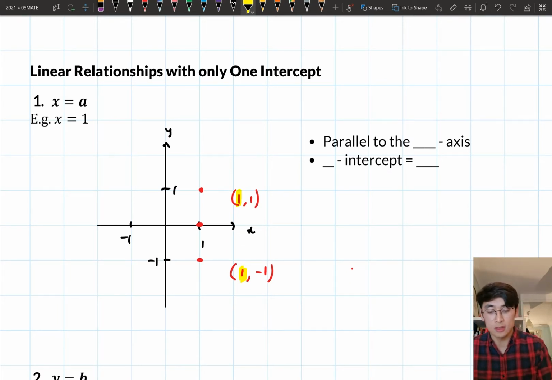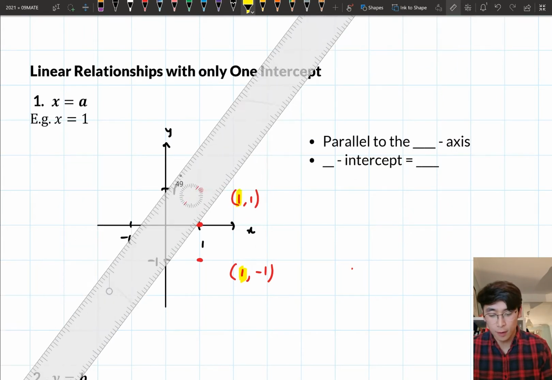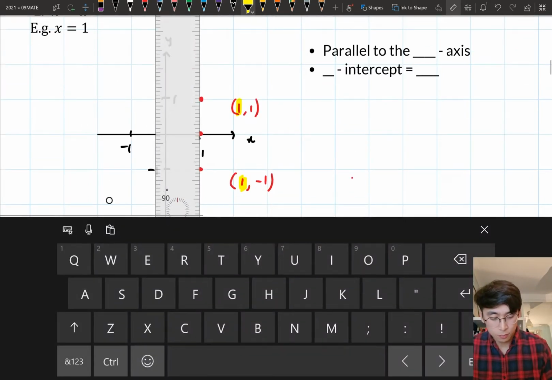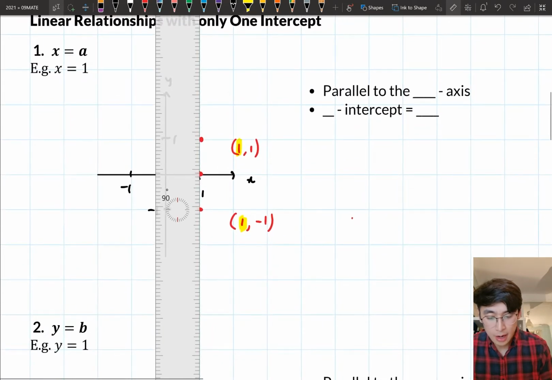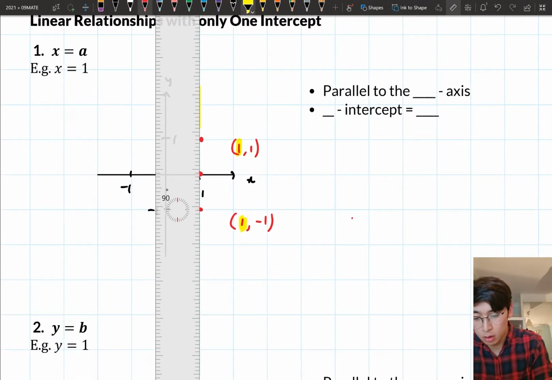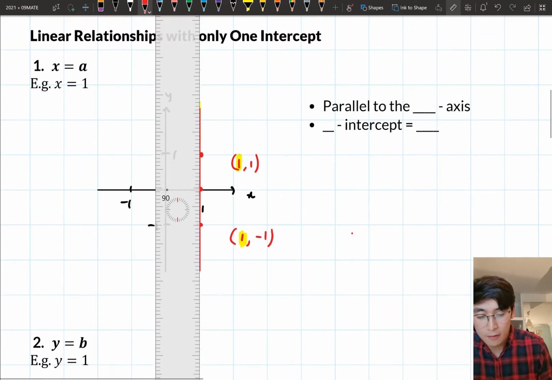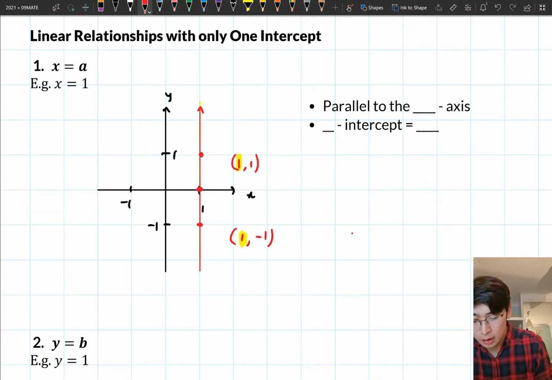If you're starting to notice the pattern, we can draw a straight vertical line that goes down through 1, and this is how we draw x is equal to 1. If you ever get given a linear relationship where it's just x is equal to a number, it's going to be a vertical line.